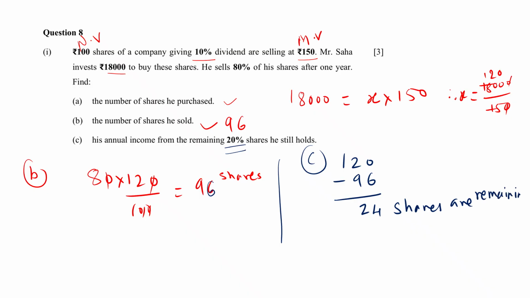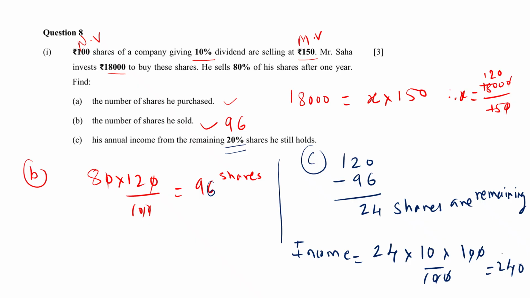On these 24 shares, we are getting 10% dividend. So my income is equal to number of shares into rate of dividend into NAV value. So what will my income be then? Rupees 240.